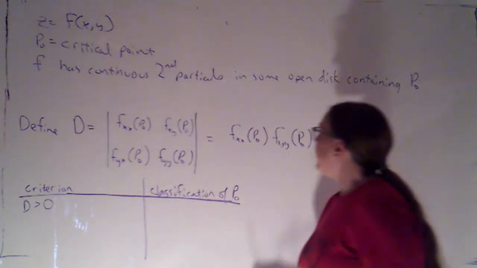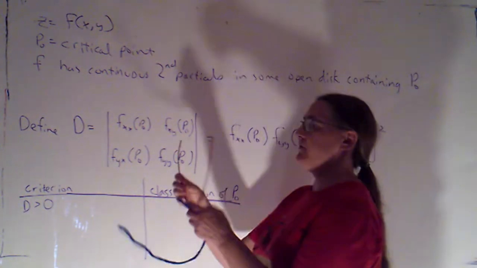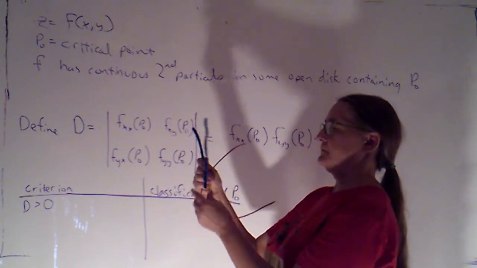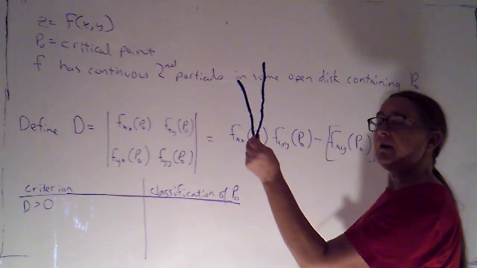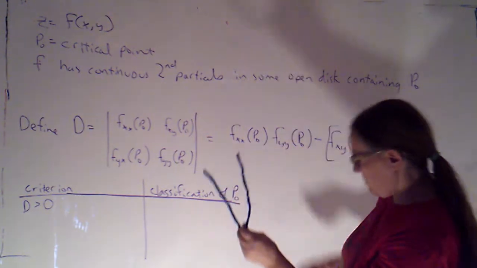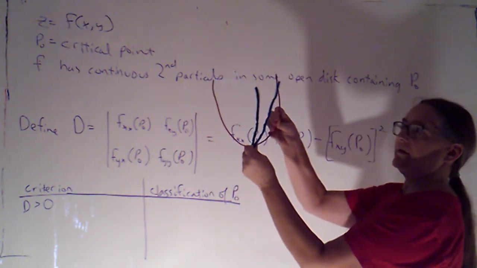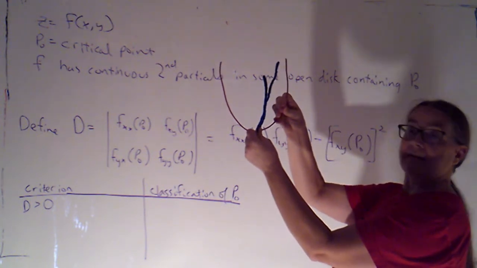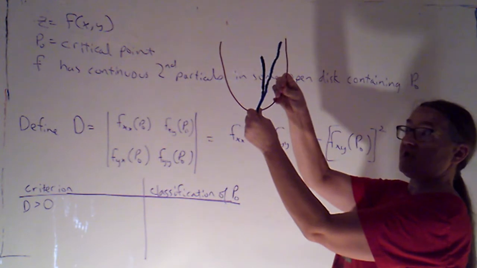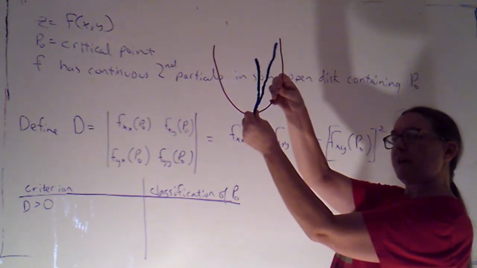So if I'm looking in the plane where I hold y constant, so that would be a plane that's parallel to the xz plane, and I'm concave up, then I would also have that when I look in the plane I get by holding x constant, so that would be parallel to the yz plane, I would also be concave up. So I could have a situation like this that sort of suggests that I'm getting a min.